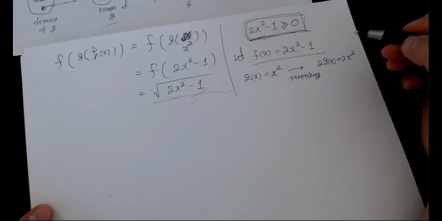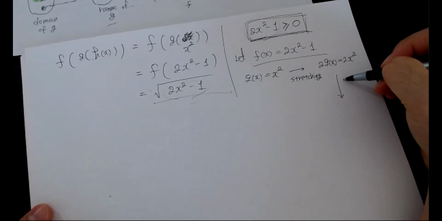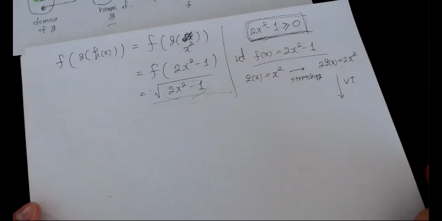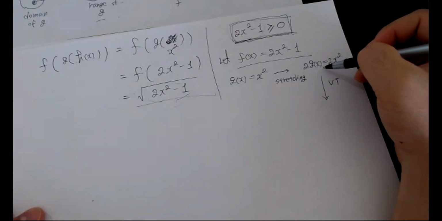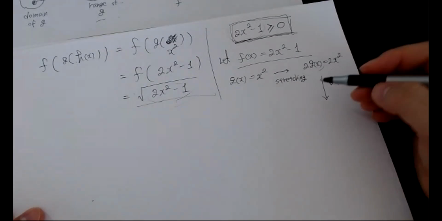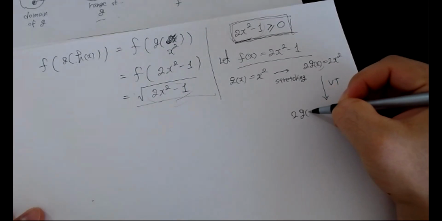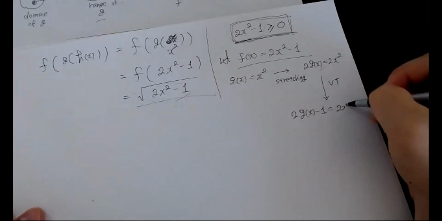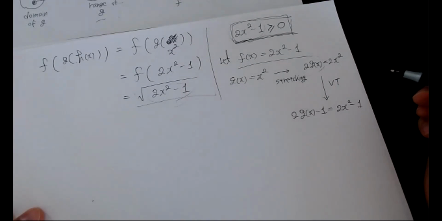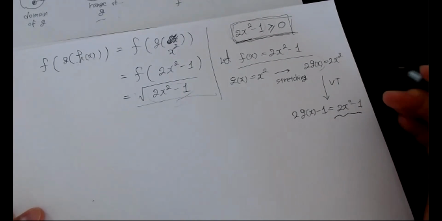And then we apply vertical translation, I mean, shifting the graph of 2 times g of x downward 1 unit. So we get 2 times g of x minus 1, which is 2x squared minus 1. This is exactly the same as the equation of f of x.